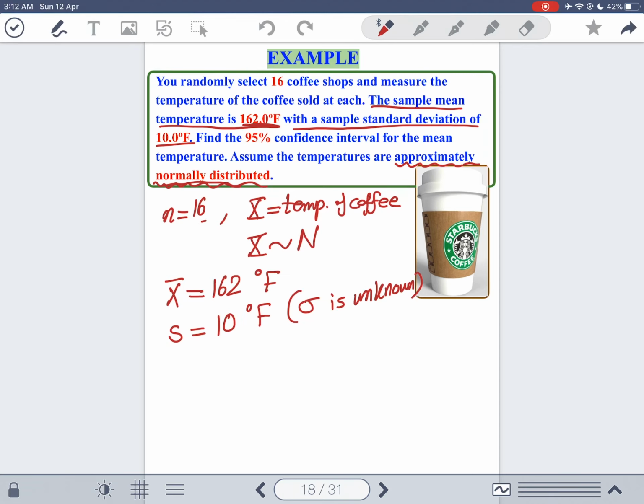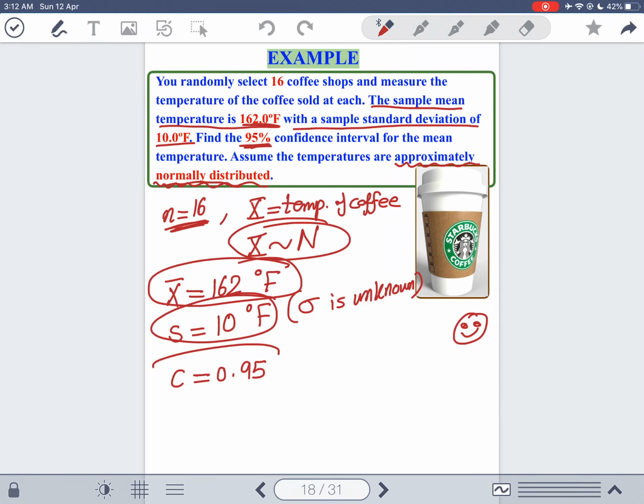The sample size is small, but the random variable is approximately normal, so you can use the t-distribution. They're asking for 95% confidence, so the confidence level is 0.95. I have everything now.